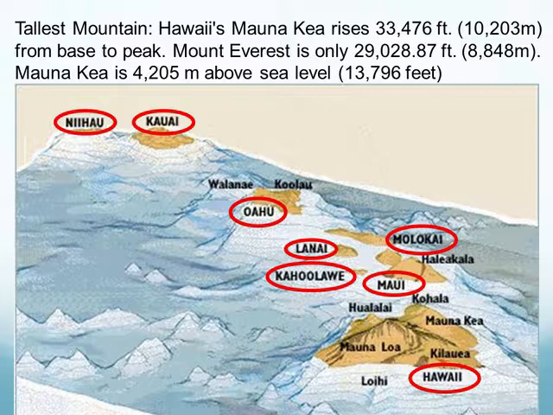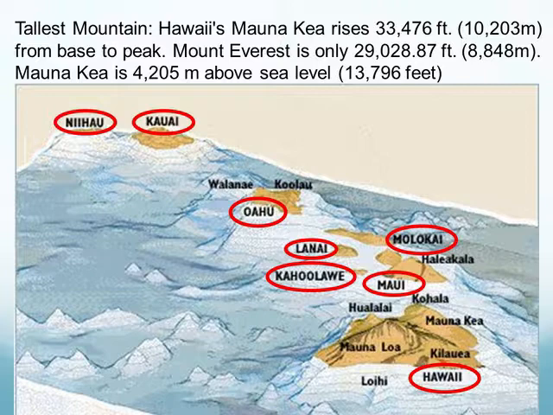Now, when we measure Mauna Kea at sea level, it only comes out to just over 4,000 meters, because when you measure Mauna Kea from sea level, you're only measuring just under half of the mountain. The rest of the mountain is technically underwater. So when you measure from the base, you're actually measuring from the bottom of the ocean.